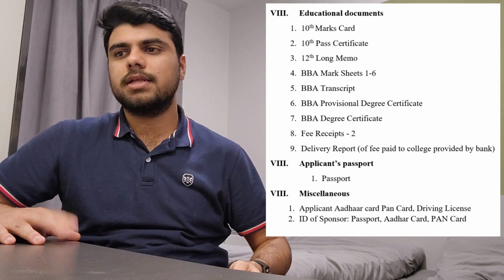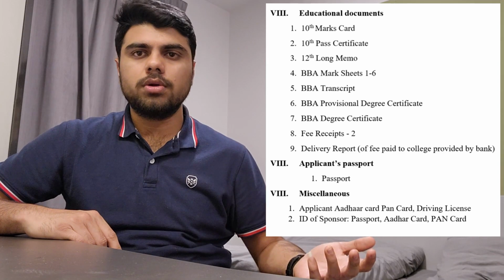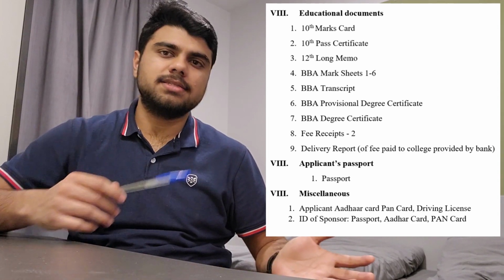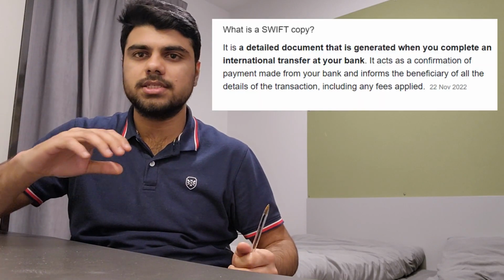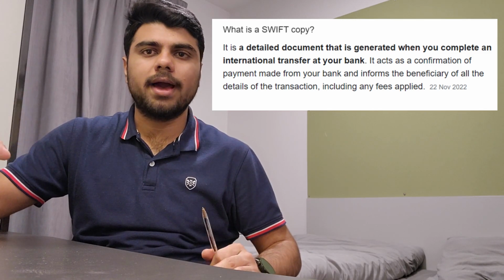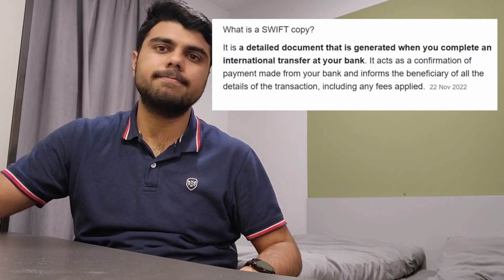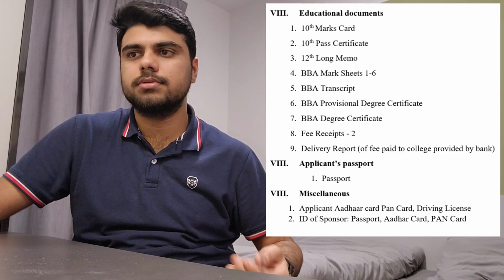As I paid my fee using my bank loan, my bank paid from my loan account to the college account directly. They didn't disburse the money to my personal account. So I provided a delivery report, which is like a SWIFT copy. Once the transaction is done, you can get it from your bank. It's called a SWIFT copy. I've included these also in the education documents.